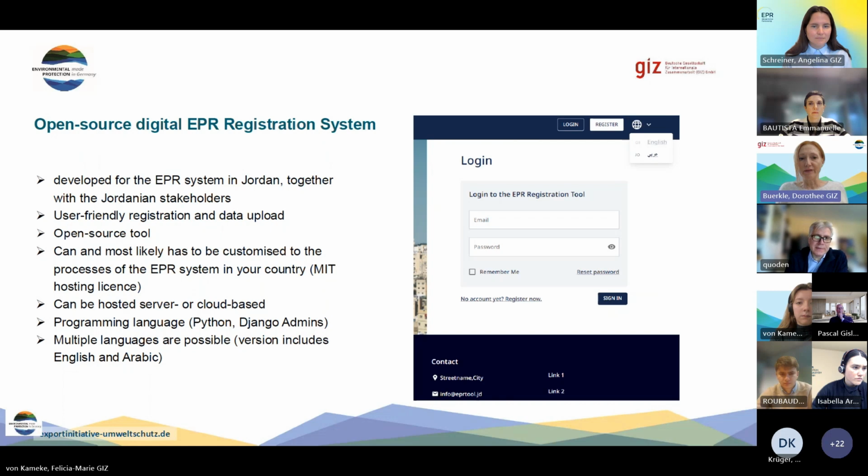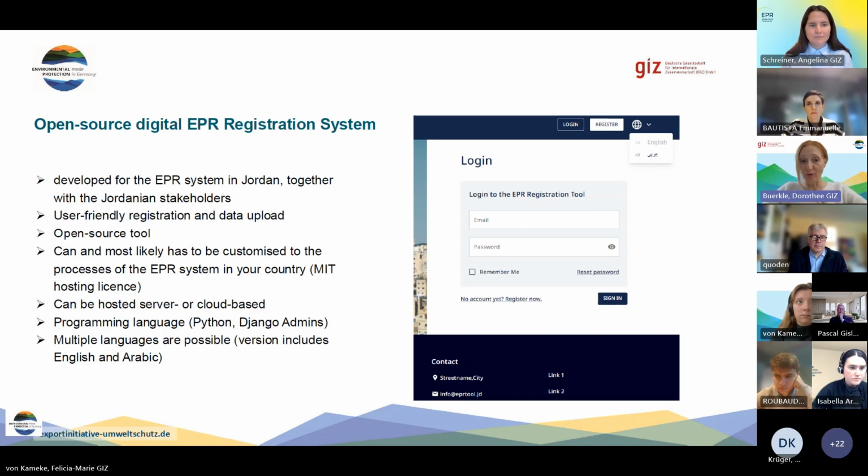This open source digital EPR registration system was developed for the EPR system in Jordan together with the Jordanian stakeholders. It's a user-friendly registration and data upload.